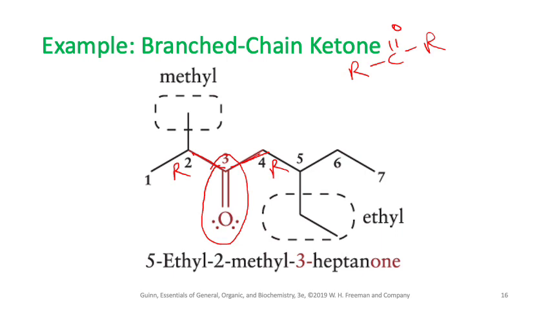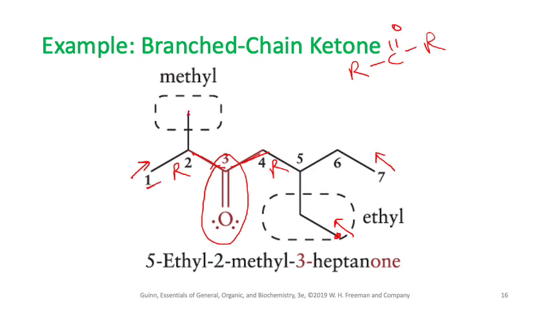The rule says that whenever you count a parent chain, you have to give the lowest number to the carbon that has the carbonyl group, and you always have to include that carbonyl group in your counting. We can start from any of the corner terminal carbons.